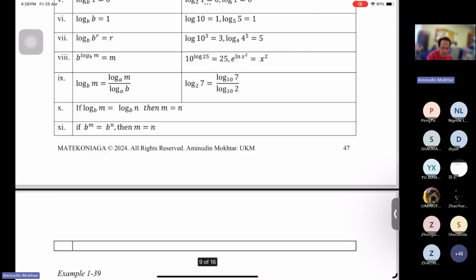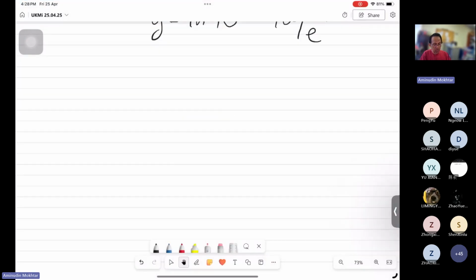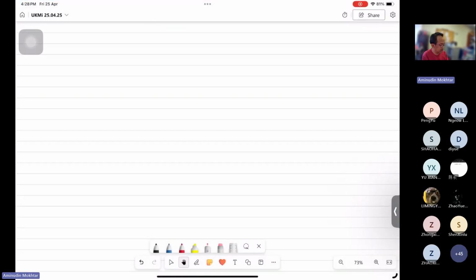Please refer to example 1.39. Now example 1.41. I will show you how to find the answer.